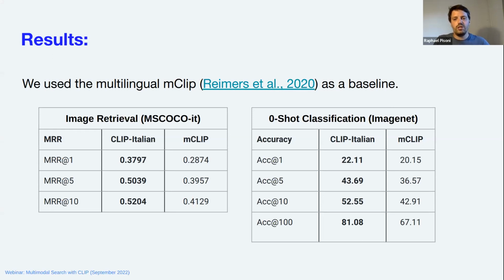And also in the zero-shot classification setting, we were able to beat mCLIP. Zero-shot classification basically means that you give the model an image and it needs to assign it to text embeddings of different classes. And as I said, also there we were able to beat mCLIP on ImageNet, which was really exciting. And we were really happy about those results.